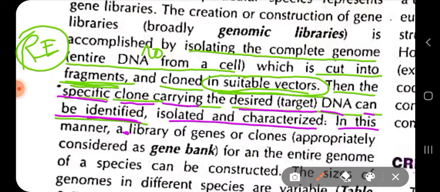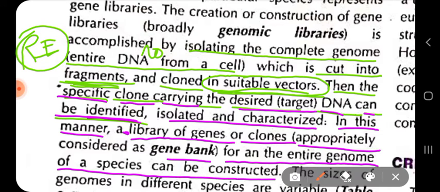In this way a library of genes or clones can be considered a gene bank, and the entire genome of a species can be constructed. Whenever we want a specific DNA fragment to be identified and expressed, we first have to identify which vector is carrying that target DNA fragment by a screening process.